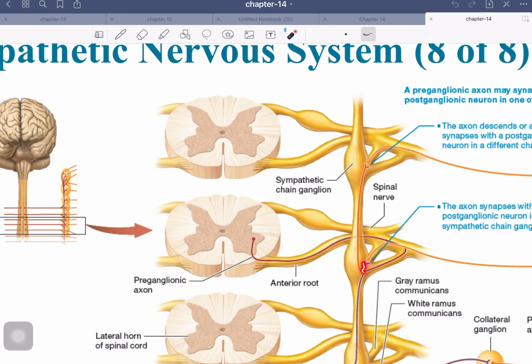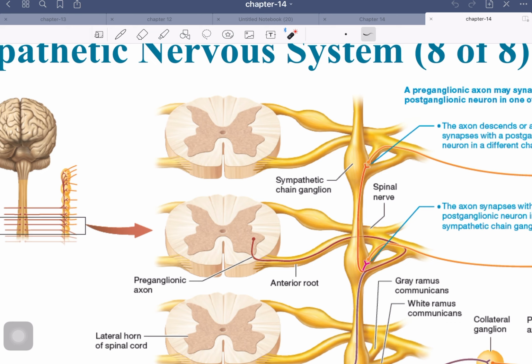It can synapse, so that's the end of the preganglionic, and the postganglionic starts, and the postganglionic is unmyelinated, so it's now in what we call the gray ramus, and then it rejoins the spinal nerve and heads off. That's one option for these sympathetic fibers.